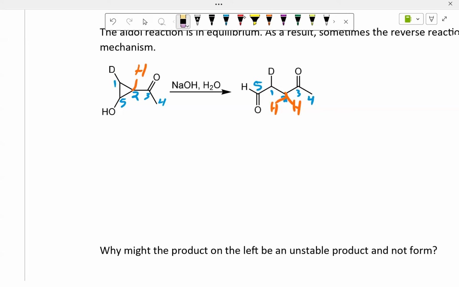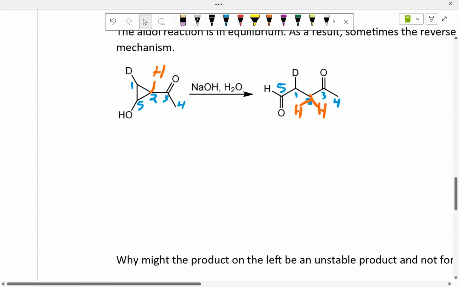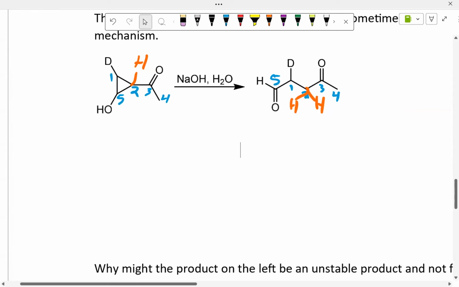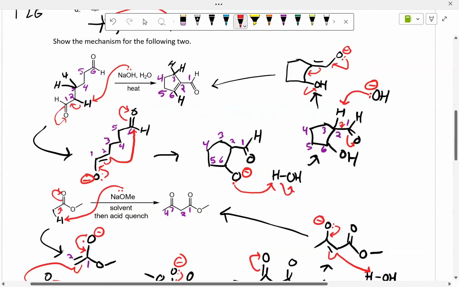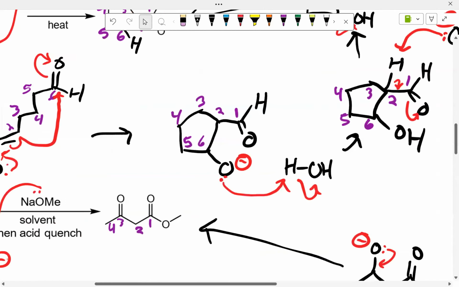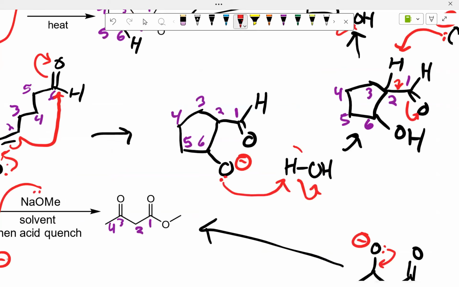So let's get the reaction started. What's going to happen first is you want to do the reverse of how everything occurs. Normally, when you're doing an aldol reaction, when you form your ring or your carbon-carbon bond, you get a negative charge, and then you protonate the oxygen with a negative charge to create the alcohol.